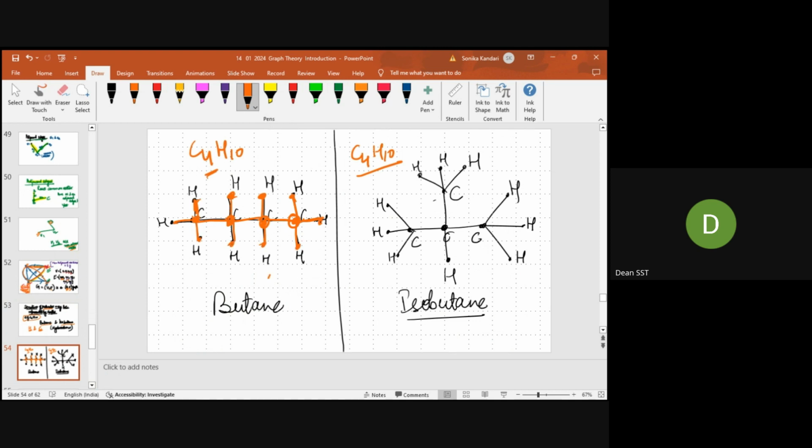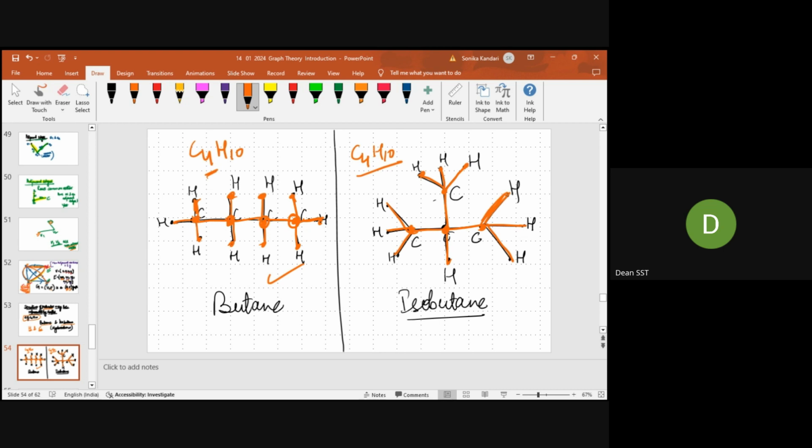This is one way of representing. Another way is for isobutane, because the bonding is different, so we have represented the graph as per the bonding in its structure. In this way carbon is attached to hydrogen, represented with the help of a graph.